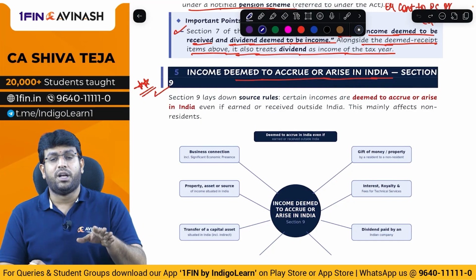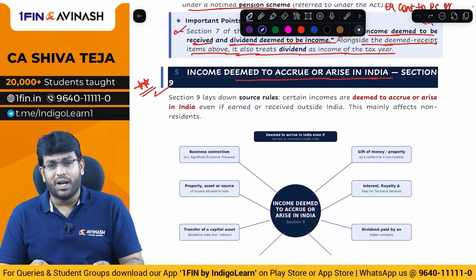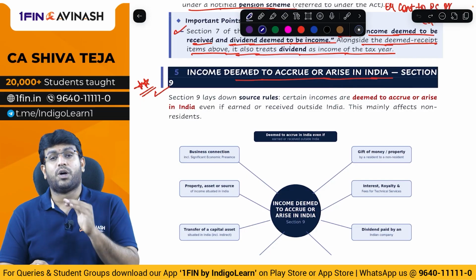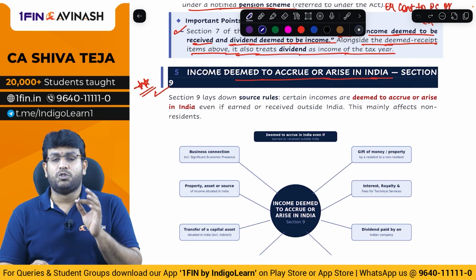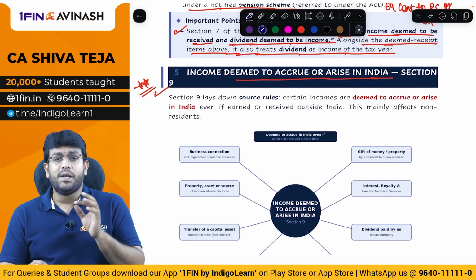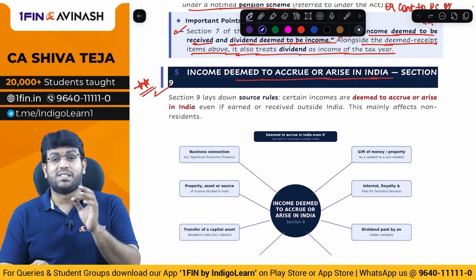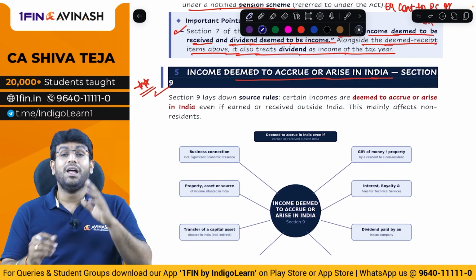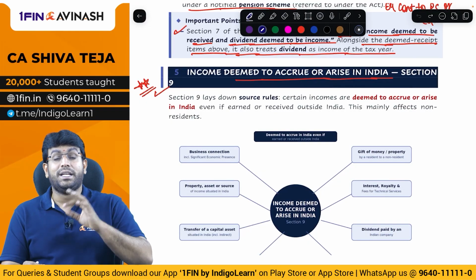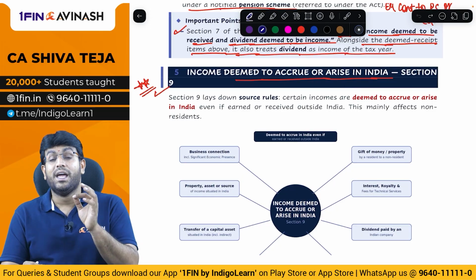If income is foreign income, it is taxable for ROR and even for RNOR in two cases. Number one, business income which is controlled wholly or partly from India. Number two, professional income which is set up in India. That's the reason why it is important to have clarity on the concept of income deemed to accrue or arise in India.